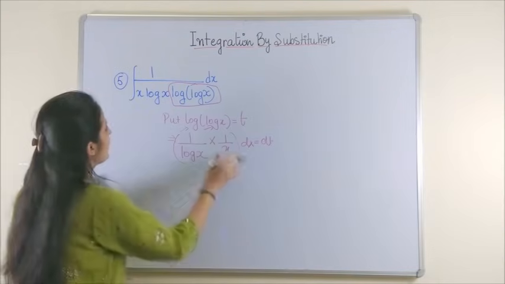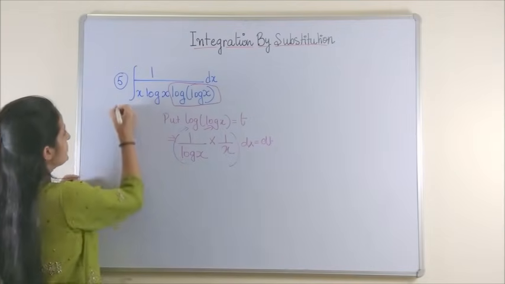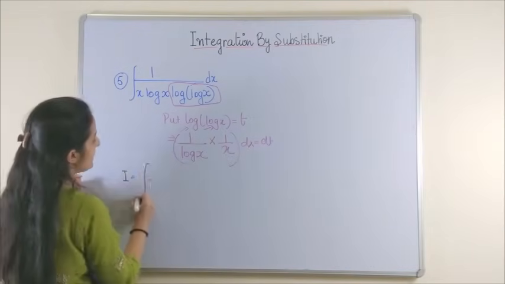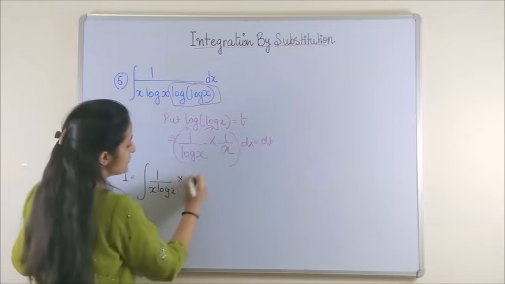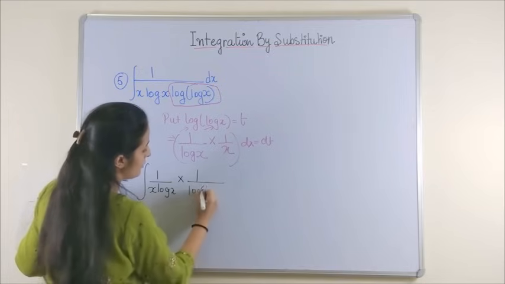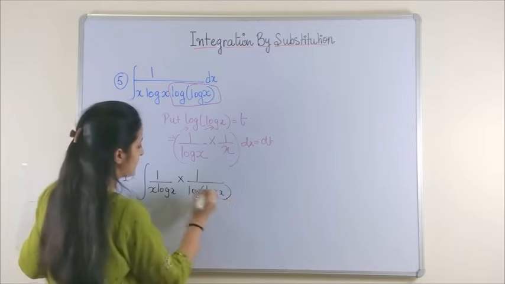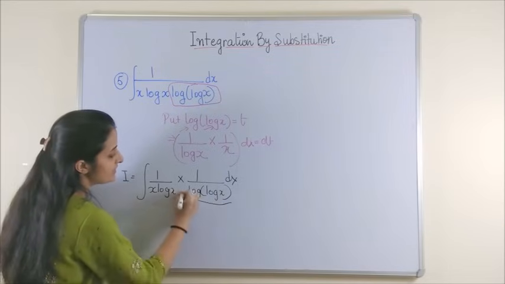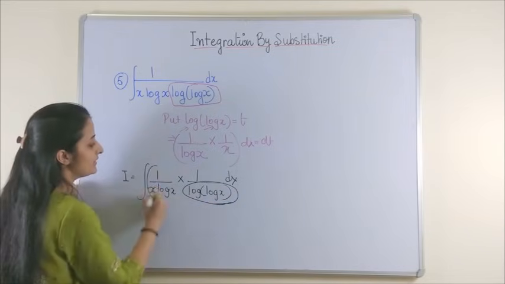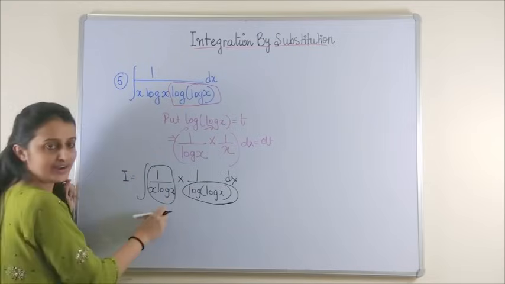So, going back, now as you can see, this integral can be written as 1 upon x into log x into 1 upon log of log x into dx. So, if this is taken as a function, well, the derivative is right there.